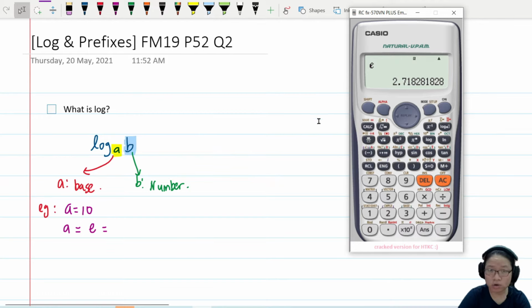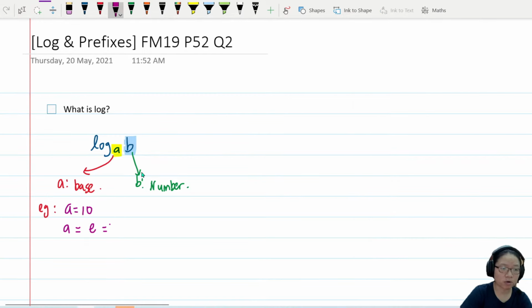Or you could look at this exponent on top of ln: shift e, then to the power of 1, which gives me the same answer, 2.72. Whenever I write all this, it just means that I have a different base.